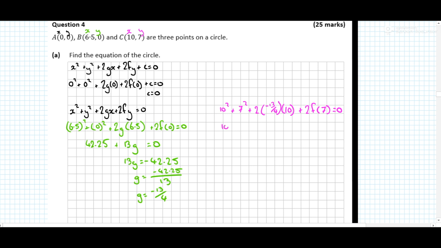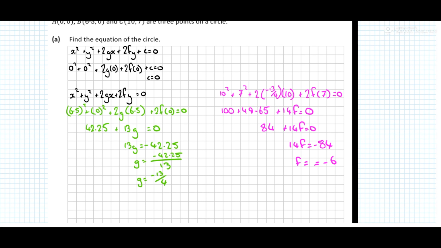Multiply it out. 100 plus 49 minus 20 minus 65 plus 14f is equal to 0. That's 84 plus 14f is equal to 0. 14f is equal to minus 84. F is equal to minus 6.